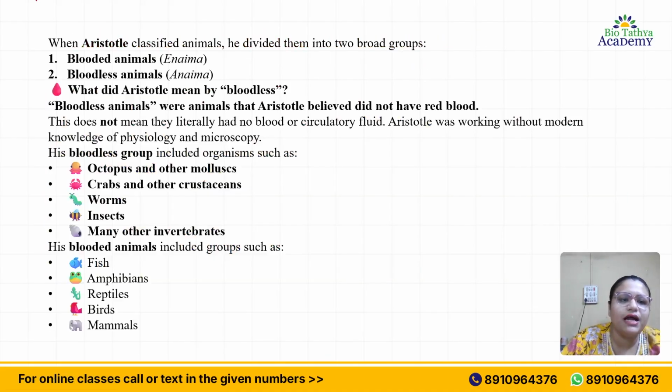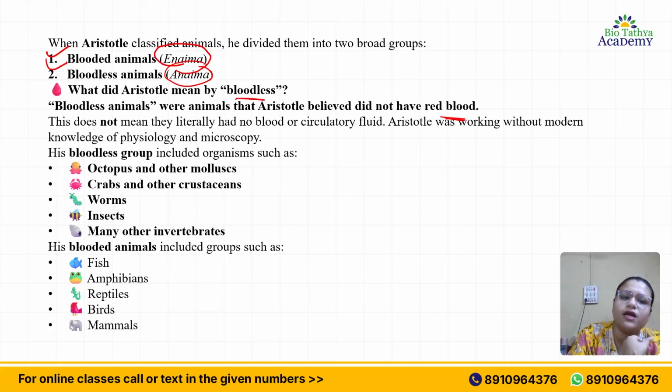Now, what do blooded and bloodless animals mean? Blooded animals were called Enaima, and bloodless animals were called Anaima. Bloodless animals were animals that Aristotle believed did not have red blood. Like if we cut them, blood will not ooze out the way it does when we cut a human body.